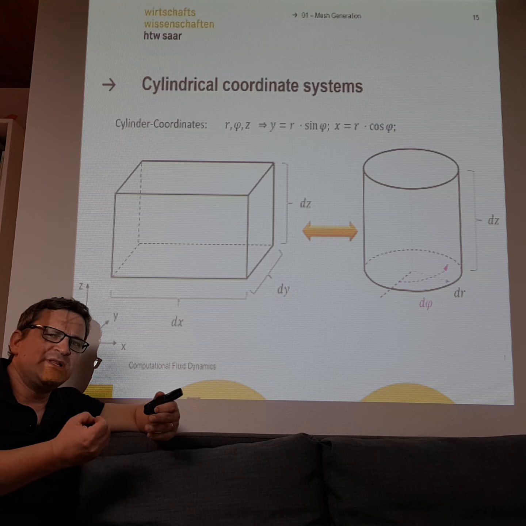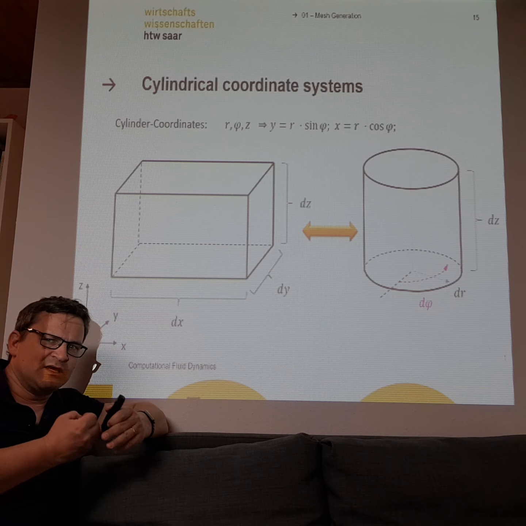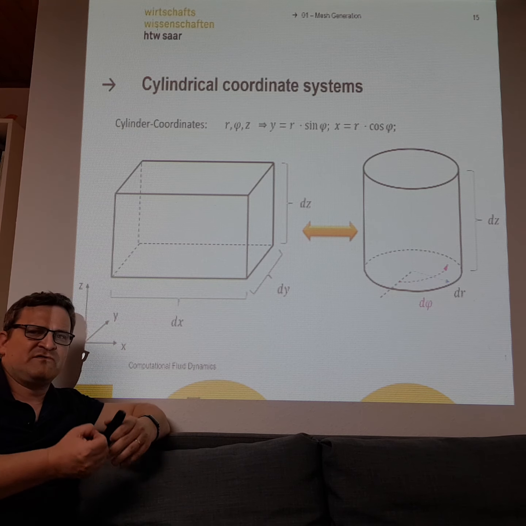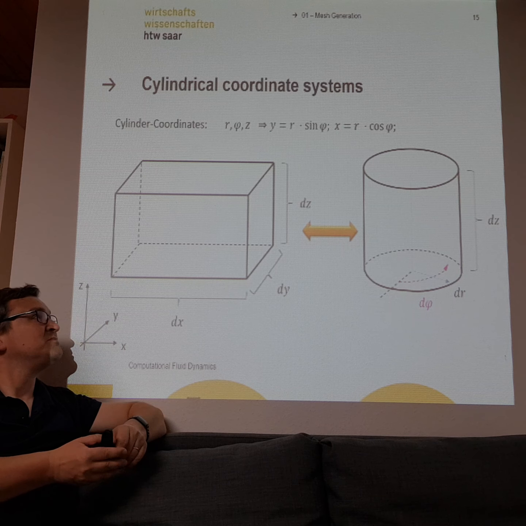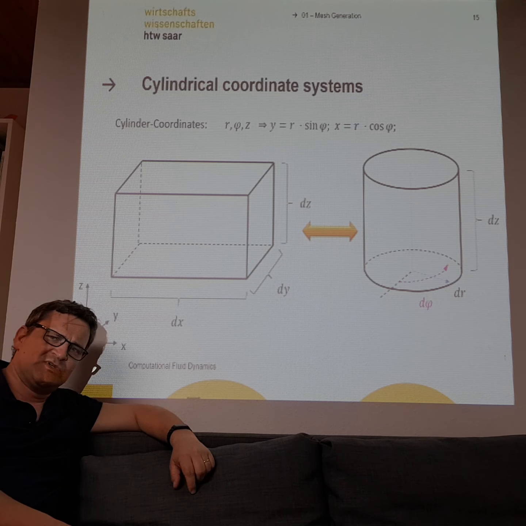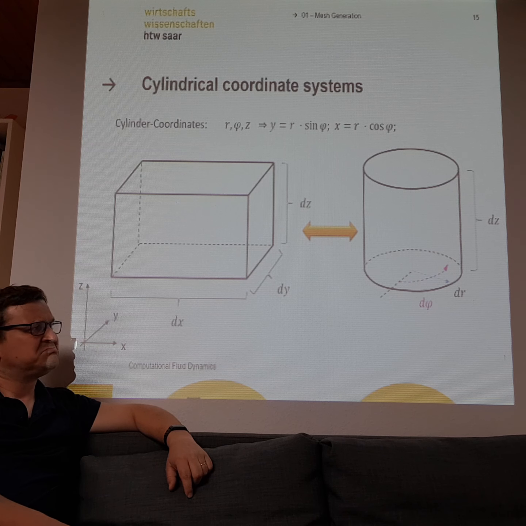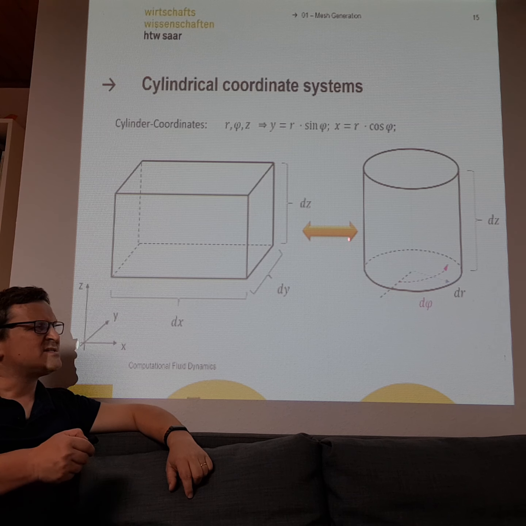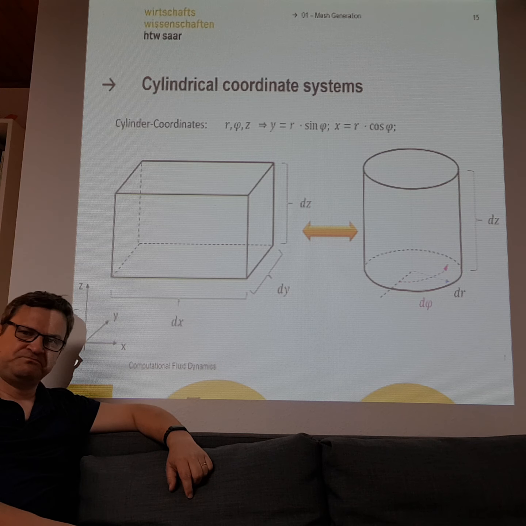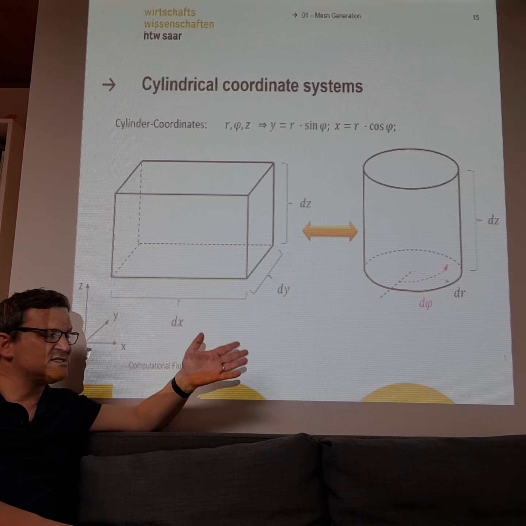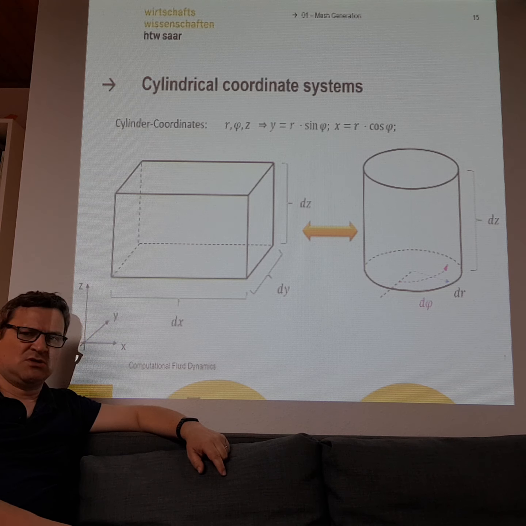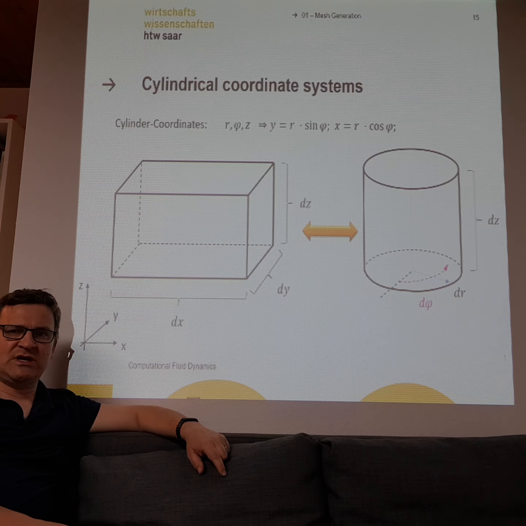It would be tough work to make a numerical model of a round pipe with a hexagonal blocking. On the other side, it would be tough work to make a model of a car in a cylindrical coordinate system. So that's not so common anymore nowadays.